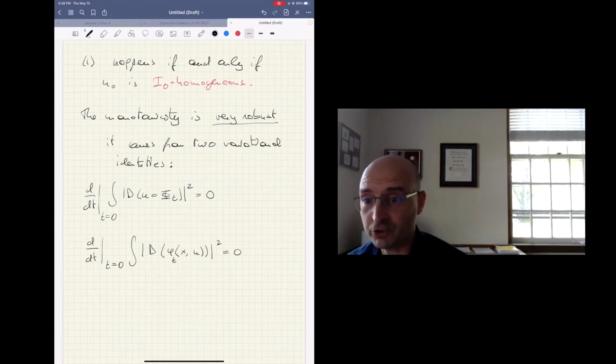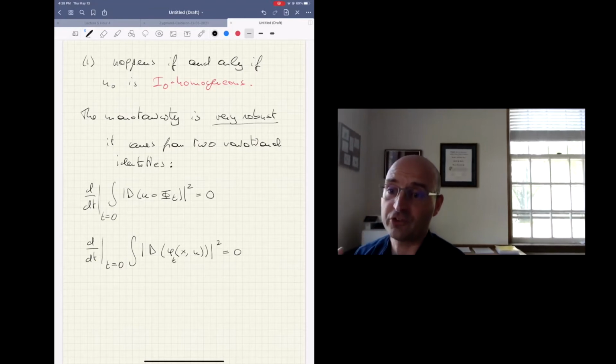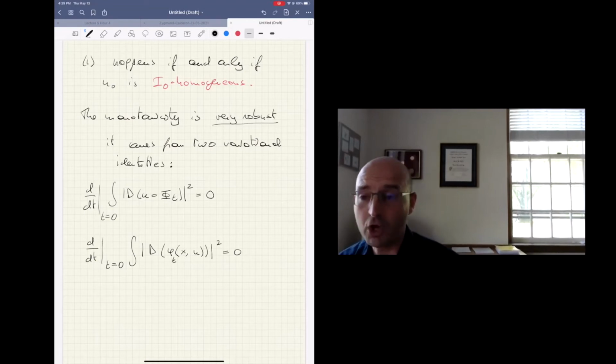If you're composing your domain with the diffeomorphism of itself, you still keep this multi-valued function. And at the same time, if your multi-valued function is taking values in a certain target, if I compose my target with the diffeomorphism of it onto itself, I still keep being q-valued. So the big thing of these two identities is that I don't need the linear structure of my space of competitors to be able to compute these variations.